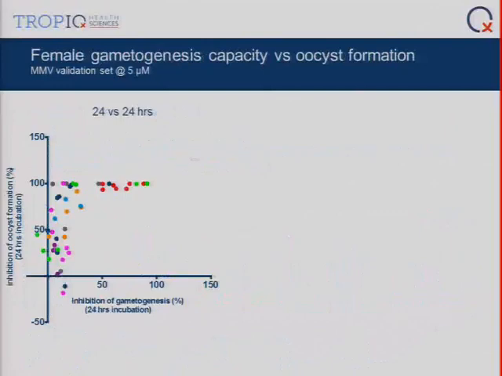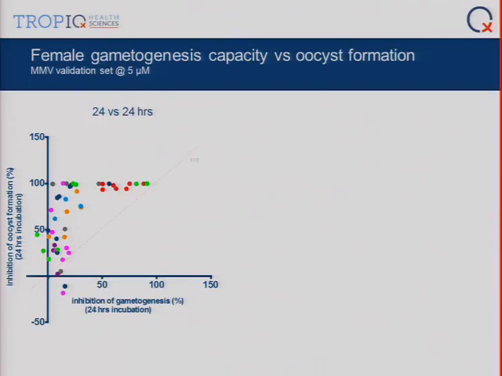So now when we compare this data, so 24-hour exposure of gametocytes, to the data that we generated in the PFS25 gametogenesis assay, you can see that the SMFA, which is here on the y-axis, is much more sensitive than this gametogenesis assay. So apparently gametocytes lose infectivity before they lose the ability to express PFS25 on a gamete.